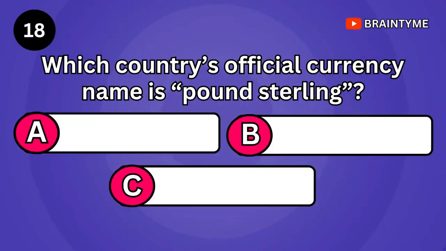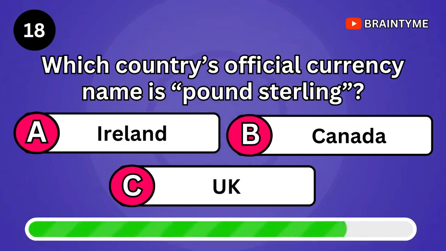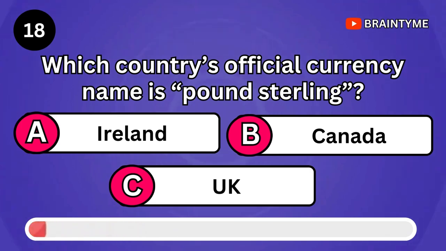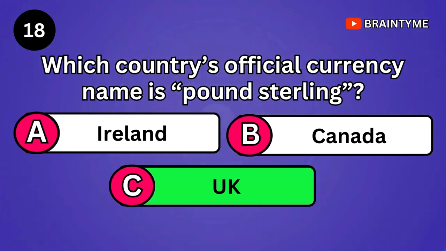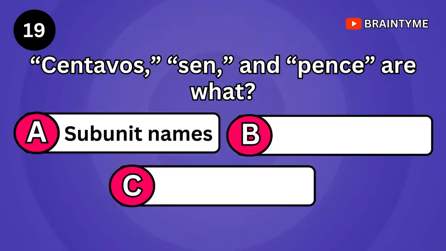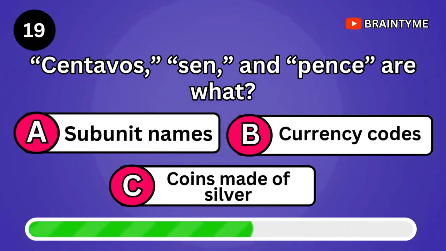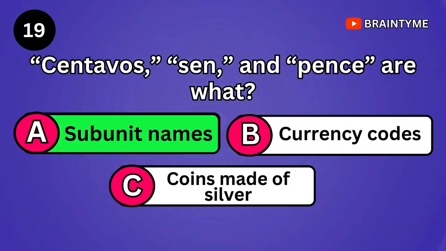Which country's official currency name is pound sterling? The United Kingdom. What do terms like centavos, sen, and pence have in common? They're subunit names in different currencies.